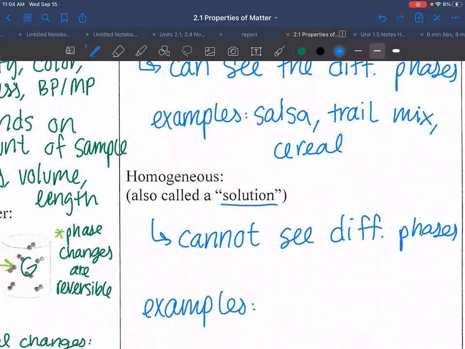So, for example, my favorite, coffee would be a good example, right? What else do you think? What just looks like one liquid, but actually is made up of different things? Hot chocolate's a great answer. Fruit punch works.